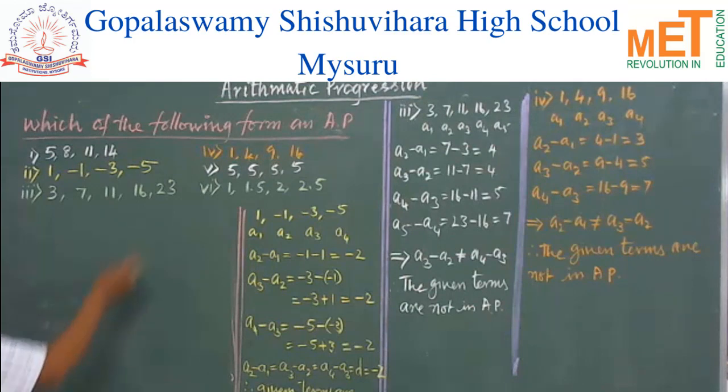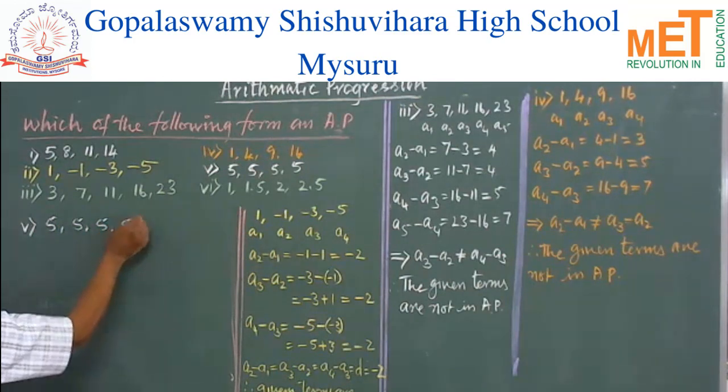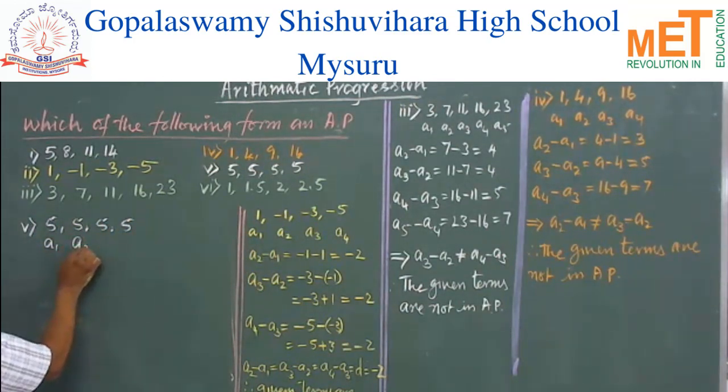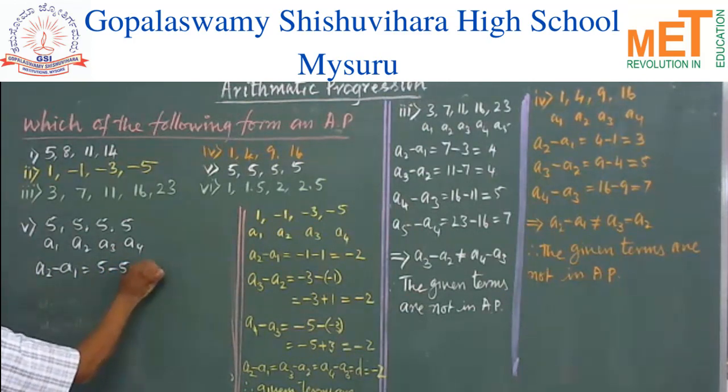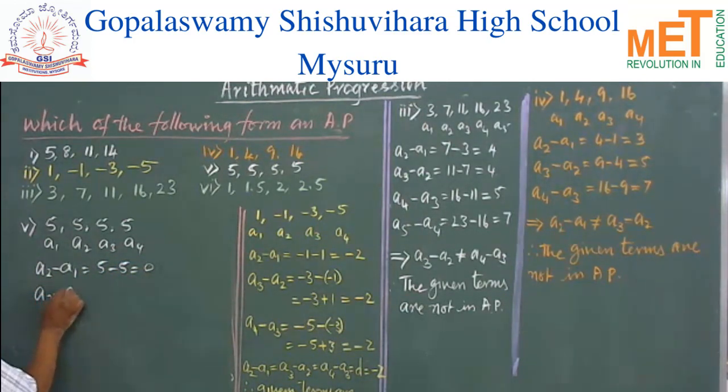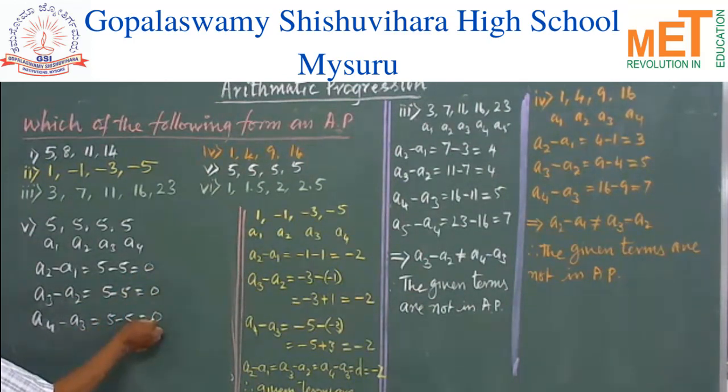Next, the fifth sum is 5, 5, 5, 5. Look at this. A1, A2, A3, A4. So, A2 minus A1 is equal to 5 minus 5 is equal to 0. A3 minus A2 is equal to 5 minus 5 is equal to 0. A4 minus A3 is equal to 5 minus 5 is equal to 0. So, from these examples, we come to a conclusion that the common difference between any two terms is same, that is 0.